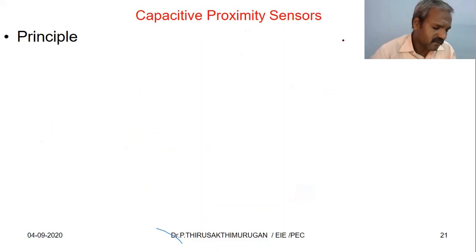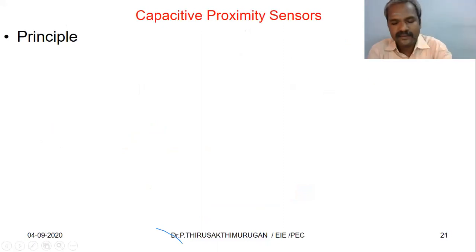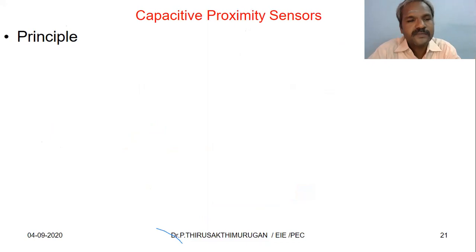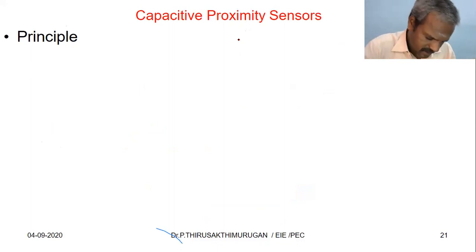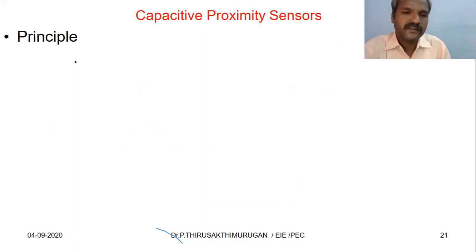So what is the principle of operation? The principle of operation here is when there is no object in the capacitive proximity sensor, the permittivity is nil.